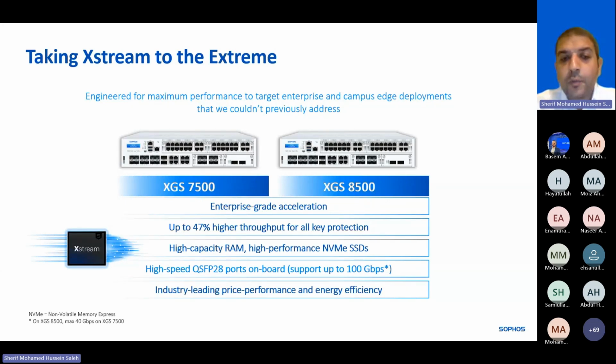And they also provide around 47% higher throughputs in all aspects than the other hardware. So if you are considering a new re-innovation for the core, you can put these two new firewalls as options, which can provide high throughputs as well.